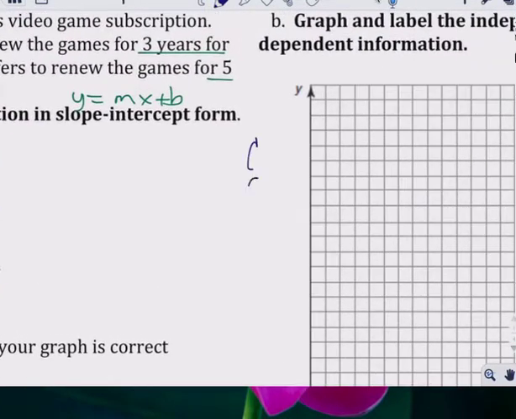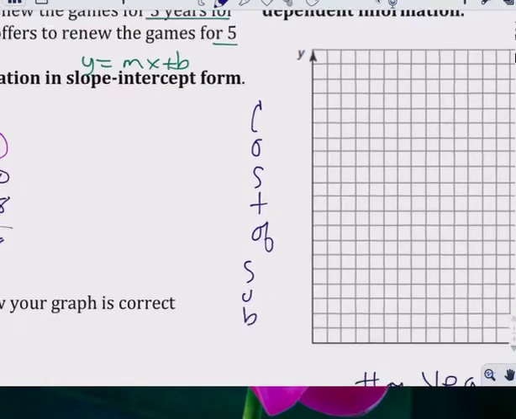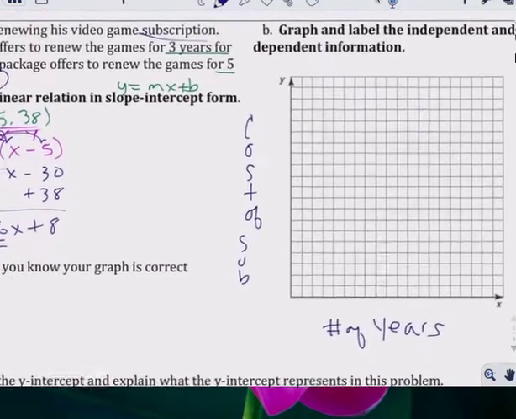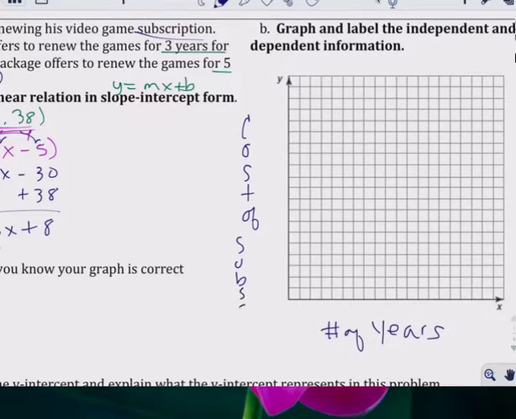This is cost of subscription. That's what it says up here. Anyways, make it fit or write subscription here. Oh, my writing is horrible.